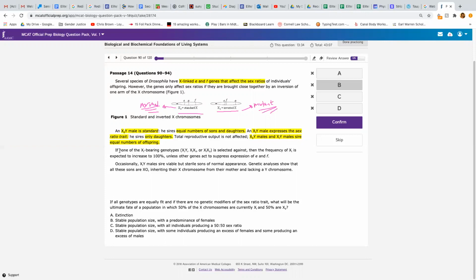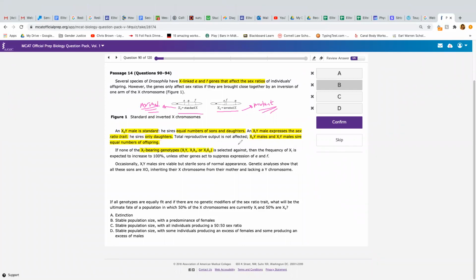Now, last paragraph, last two paragraphs, sorry. If none of the flies carrying a mutant allele, right? So that would be either the males that have a mutant allele, the females that are homozygous, or the females that are heterozygous, okay?